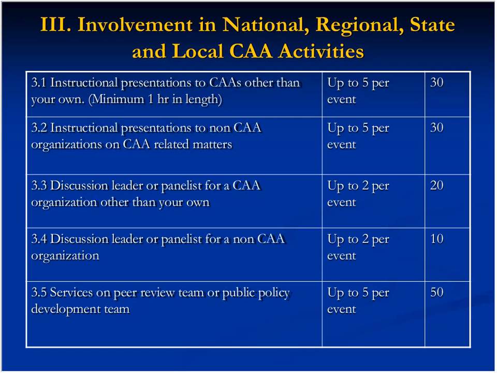So it could be any topic in which you are helping any other community action agency or association with the work of community action. The second one is instruction presentations to non-CA organizations on CA-related matters. Let's say you're giving a presentation to the United Way, or the local county government, or to potential donors to support community initiatives, that you are giving that presentation to any organization about community action related matters.